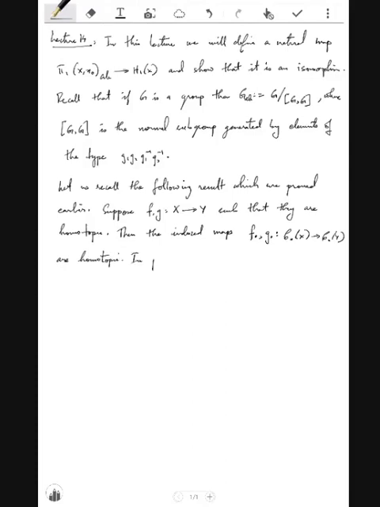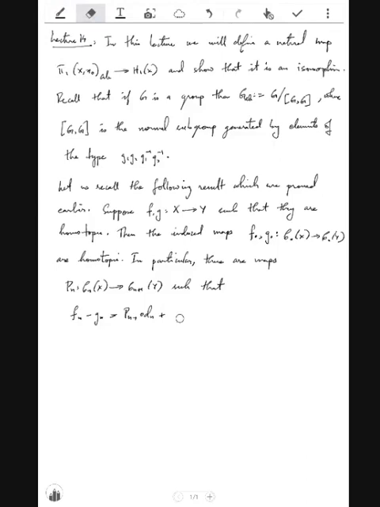In particular, there are maps Tn from CnX to Cn plus 1 Y such that Fn minus Gn is equal to the boundary Pn minus 1 composed with Tn plus Tn plus 1 composed with the boundary.